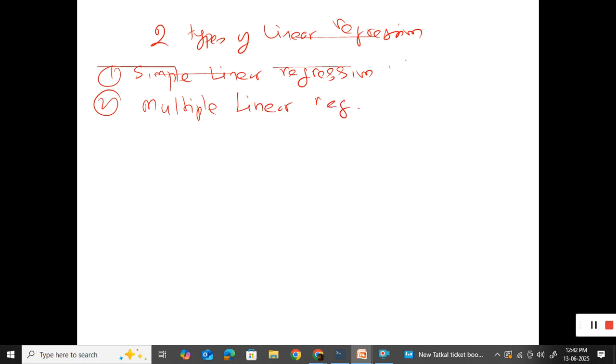Simple linear regression, in a real world scenario, we don't use it, because in the case of simple linear regression we'll be using only one independent variable to predict the dependent variable. In the real world, nowhere are you going to use this one, it is not going to be helpful.